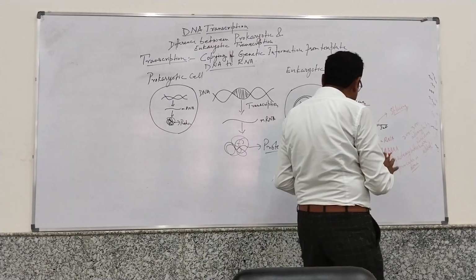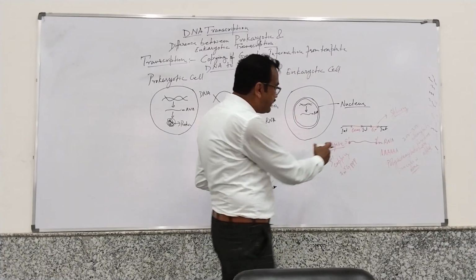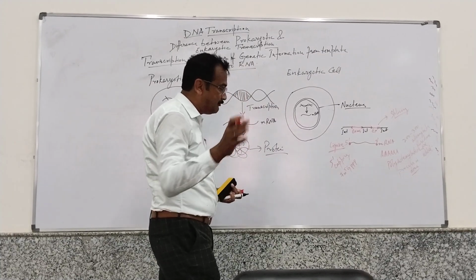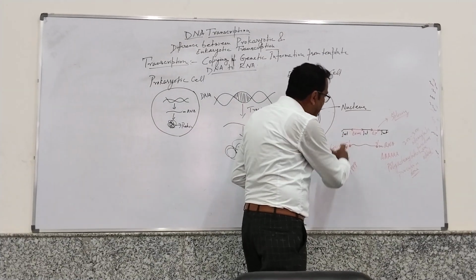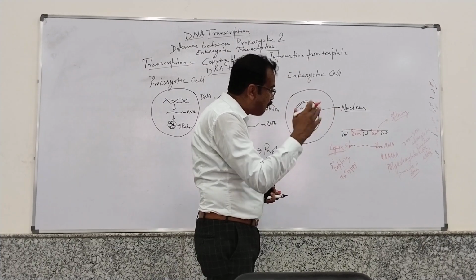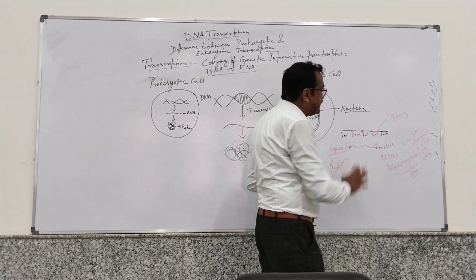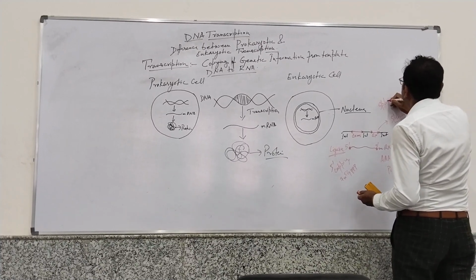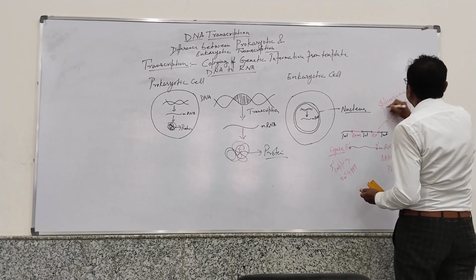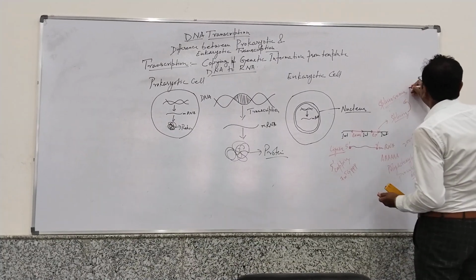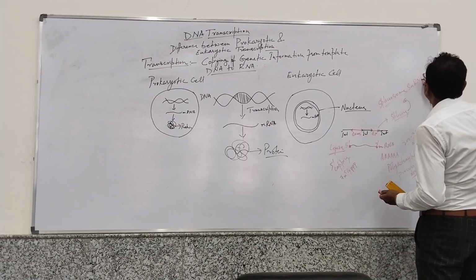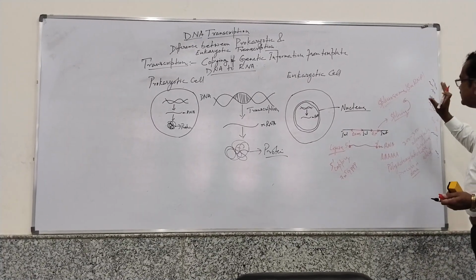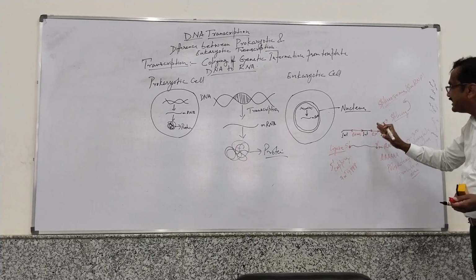And these are the 3 processes. One is 5 prime capping. Actually, this guanosine residue which is added is an inverted guanosine. It's another technical thing, I just added it over here. So this is 5 prime capping, then 3 prime polyadenylation, and splicing. And this splicing is done by the spliceosome, which is also known as snRNP. snRNP is basically an enzyme complex which cleaves out these introns.